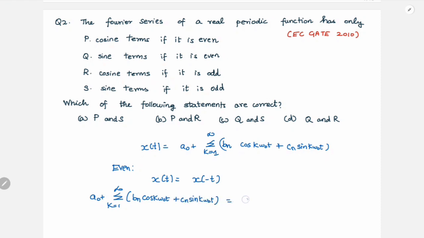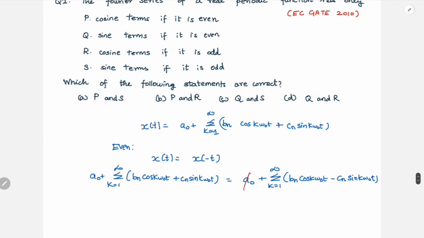This is equal to x of minus t. a naught remains the same. Cos of minus t is cos itself. So cos k omega naught t, and sin of minus t is going to be minus sin t. So this is minus cn sin k omega naught t.